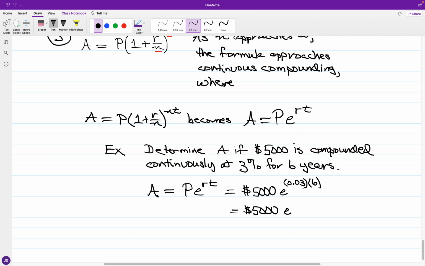And 0.03 times 6, okay, so that's going to be 0.18. Again, the formula in comparison seems simpler, but you got to be careful with the base E. Okay, so we multiply the rate and the time together. So we had the product of 0.18. Now taking E, that 2.718 figure, and raising to the 0.18 power.